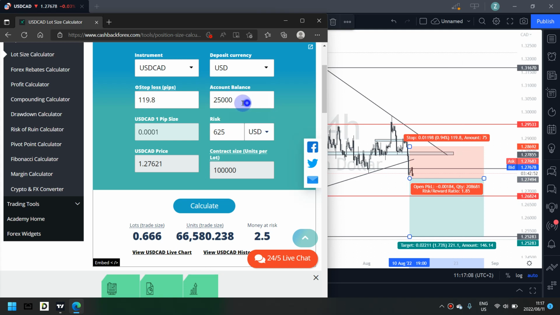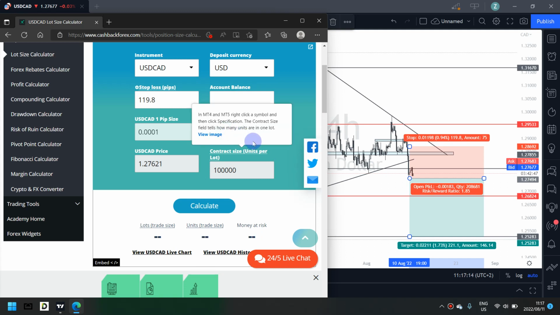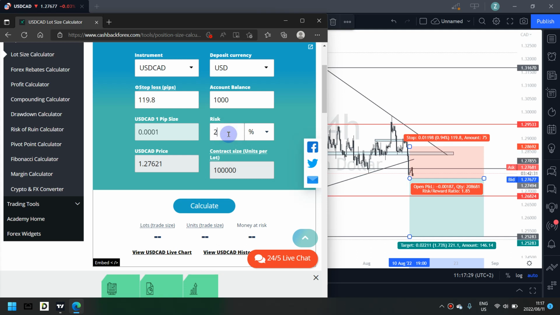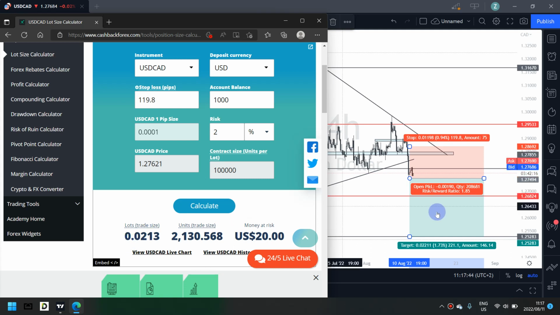And the account balance, for example, say you are using a $1,000 account, and you want to risk a certain percentage, say 2% of the $1,000 account, which would be a $20 risk. As you can see here, money at risk, $20. Then your lot size would be 0.02 on this entry right here.